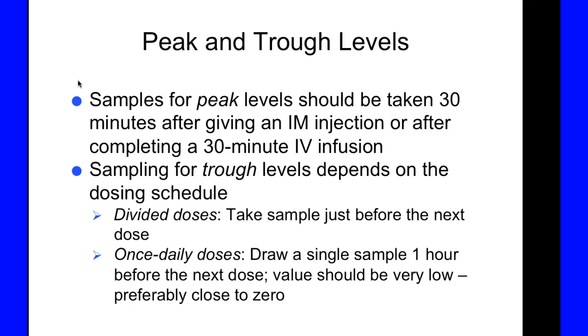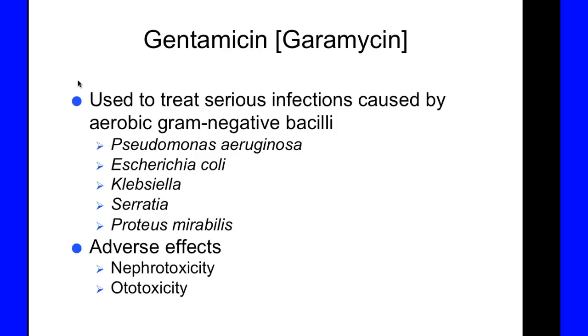For divided doses, take the sample just before the next dose, and for once daily, draw a single sample 1 hour before the next dose. I don't expect you to memorize these because they can be different depending on your hospital and protocol. It's also a little different for vancomycin.